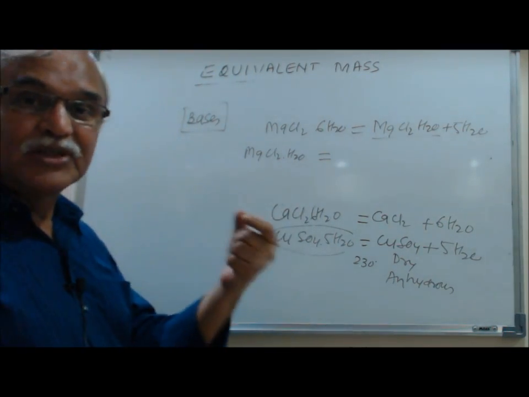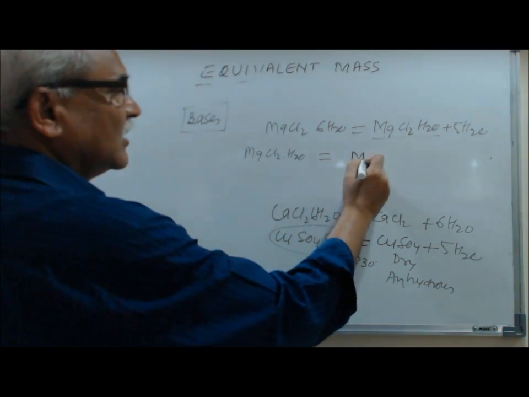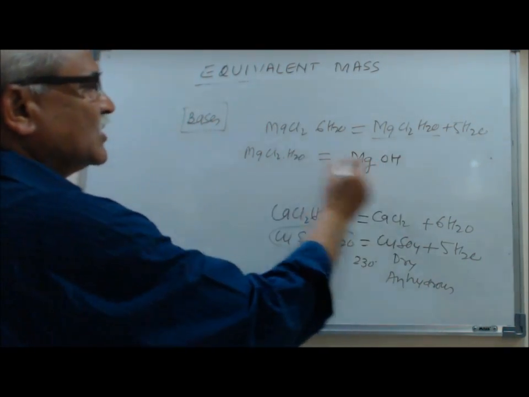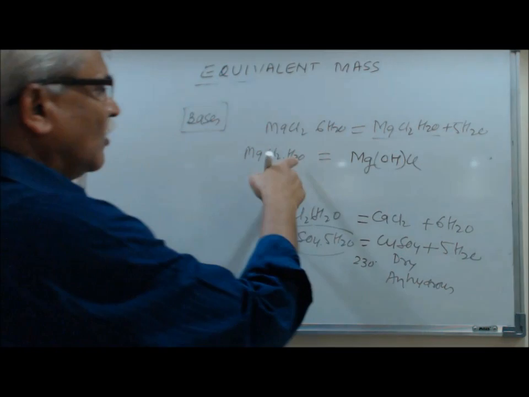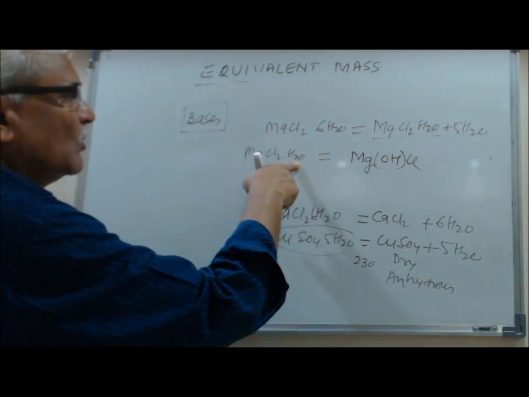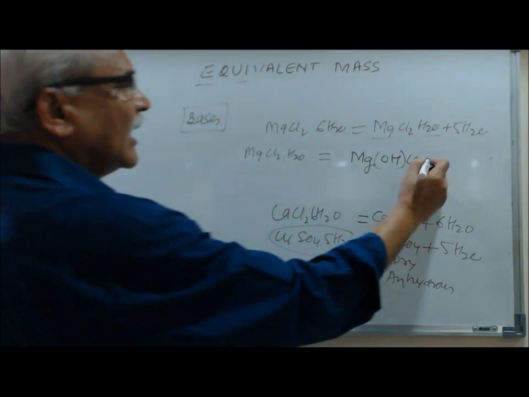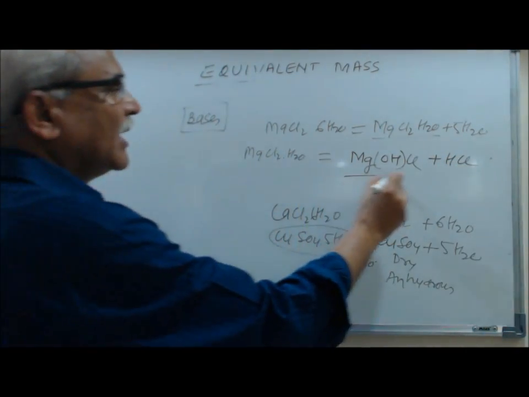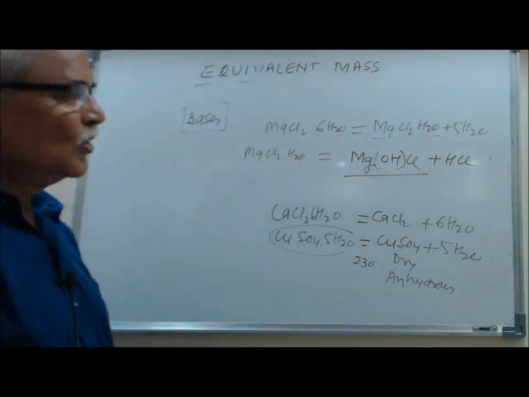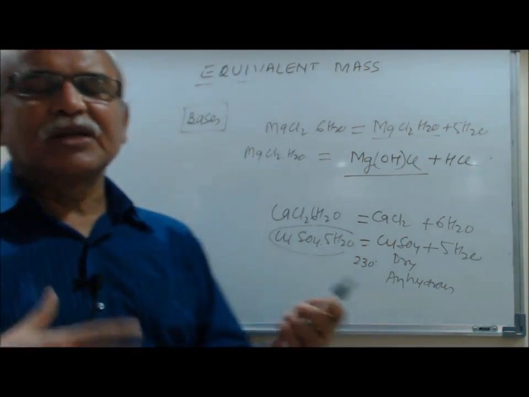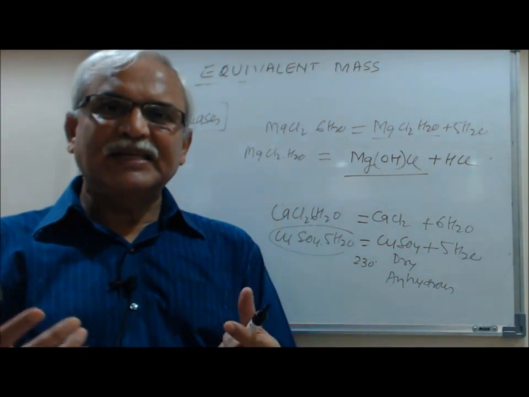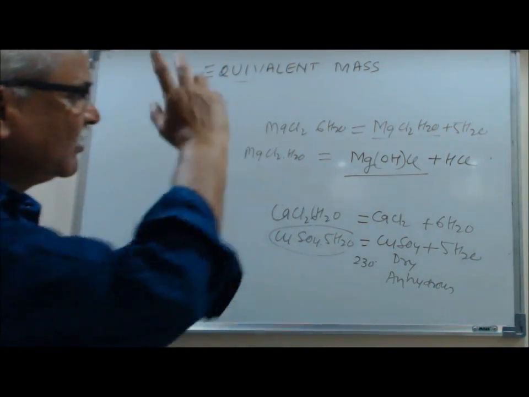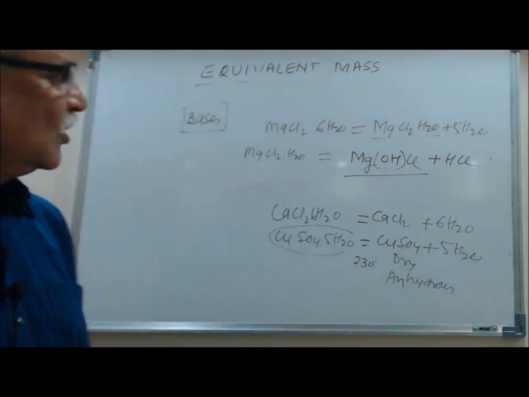It reacts with MgCl2, and the reaction product is: one OH comes here from water, and the remaining hydrogen and remaining chlorine become HCl. We get magnesium hydroxychloride. I gave all these examples of general knowledge to show that in some cases both the hydroxyls need not go away. In the case of magnesium, both are not going away.